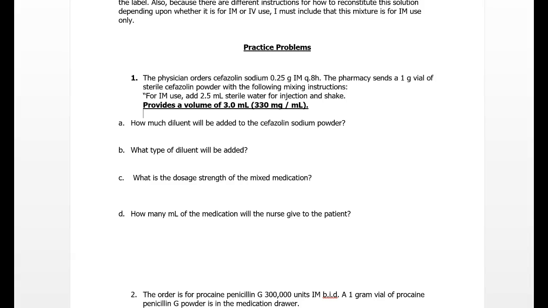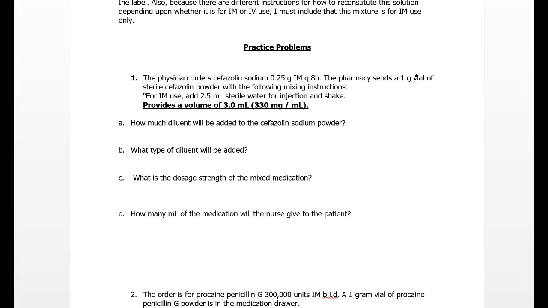The pharmacy sends a 1 gram vial of sterile cefazolin powder with the following mixing instructions. For IM use, add 2.5 mL of sterile water for injection and shake. This provides you a volume of 3 milliliters that equals 330 milligrams per mL.